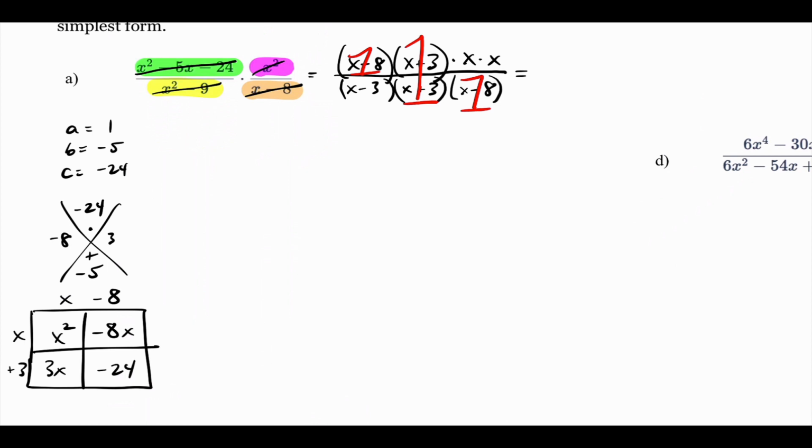We have an x plus 3 with an x plus 3 binomial. Numerator on top just is x squared. And then on bottom, I get x minus 3. Done. That's as far as I can go.